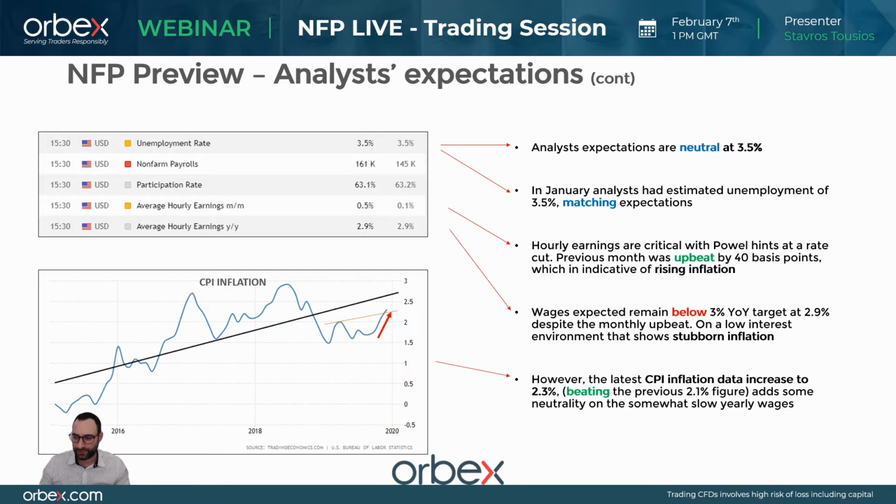And when that's gone from 2.1 to 2.3, this is actually showing a very healthy economy, and it indicates that policy in general is working effectively. But from one figure, of course, and from one month, we cannot really determine what's going to happen for the rest of the year. However, it is important that the inflation started picking up. Now, what we really want to see is the hourly earnings picking up as well for this NFP.